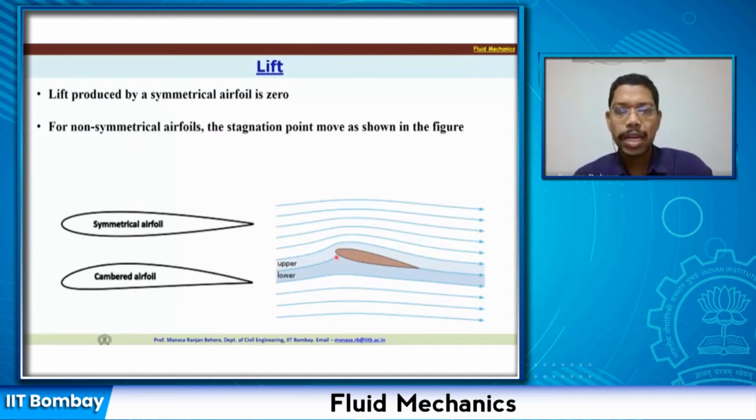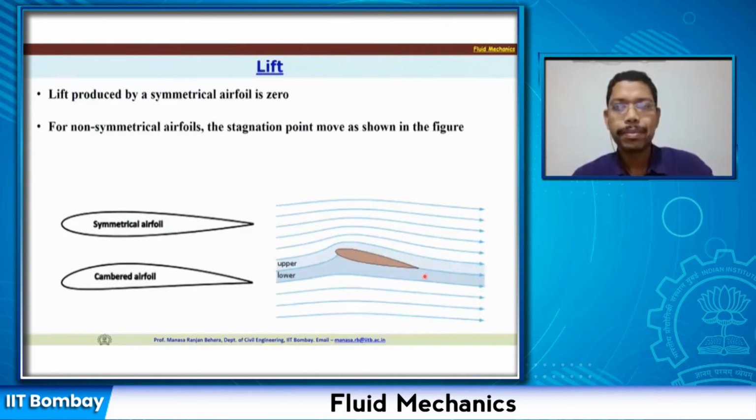Okay, and if the stagnation point is here, then at the tail end there will be another stagnation point. So overall the pressure distribution on this side, from the stagnation point to the stagnation point on the other side, as well as on the lower side, will be different, they will not be symmetric, and because of this there will be a net lift which is going to act.